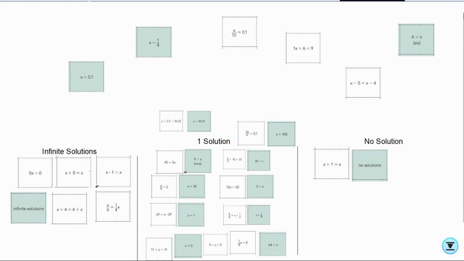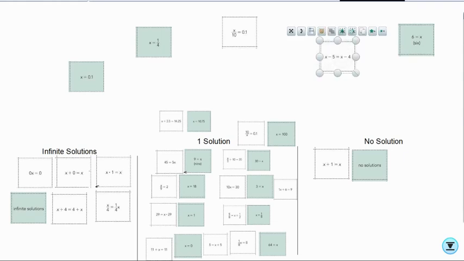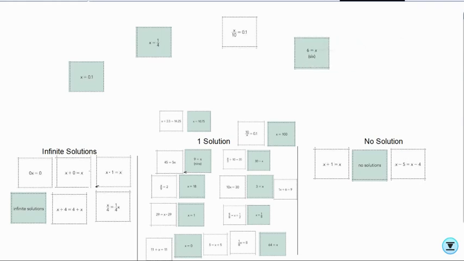That should go with 3, so this matches here. Here I have x minus 5 is the same as x minus 4. Well, those are basically the same problem, except they're off by 1, so they're going to have no solution ever.